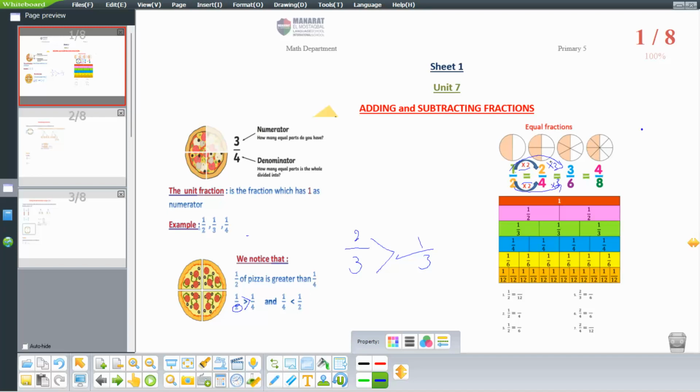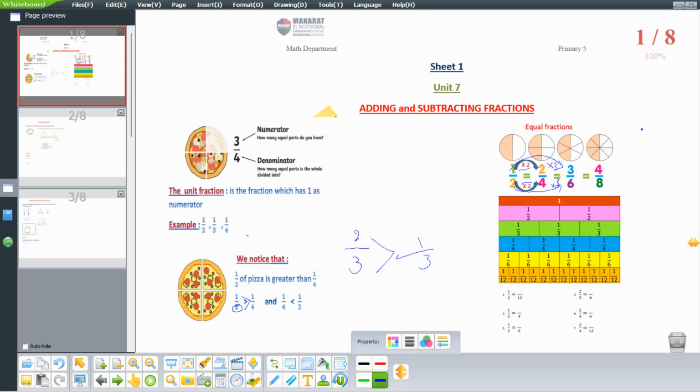If we multiply the numerator by a number, we must multiply the denominator by the same number. If we divide the numerator by a number, we must divide the denominator by the same number. So 1 times 3 equals 3, and 2 times 3 equals 6. And here 1 and 4: 1 times 4 and 2 times 4 equals 8.